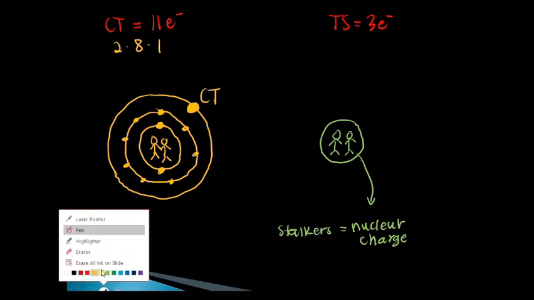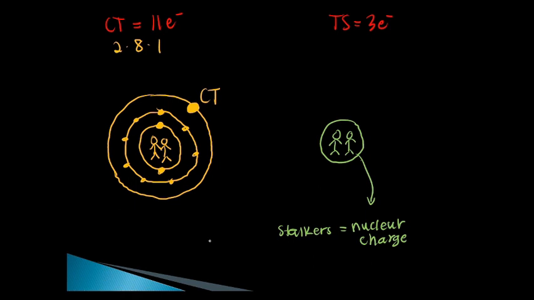And let's draw for Taylor Swift as well. Okay, so Taylor has 2, 1. So the first shell should be filled with 2 electrons, and the outermost shell is occupied by Taylor Swift herself.